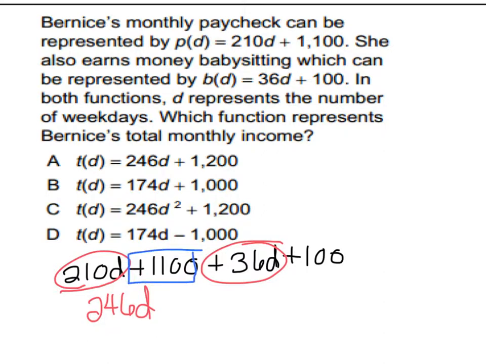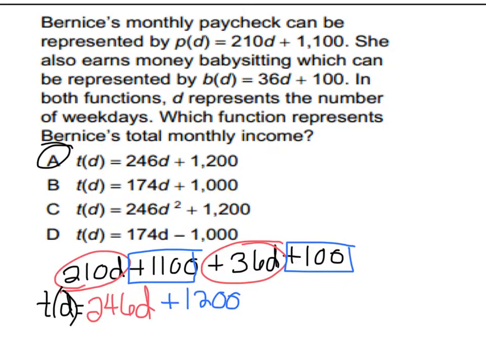Combine my 1100 and my 100 together, turns that into 1200. So there's her total for the weekdays. Looking at our choices, that means the correct answer choice should be A. Congrats if you got that correct.